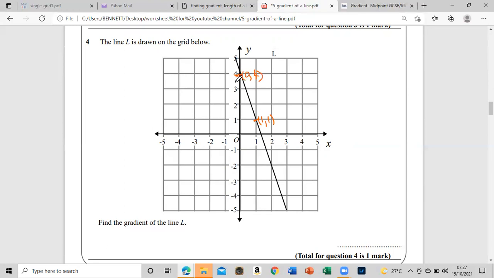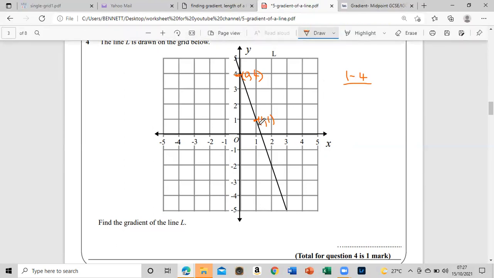So this is the point 0, 4. So we're going to call this one y2. So it's 1 minus 4. Notice I don't write the formula again, all right? And this is 1 minus 0, all right? So 1 minus 4, that's negative 3, and we get positive 1.